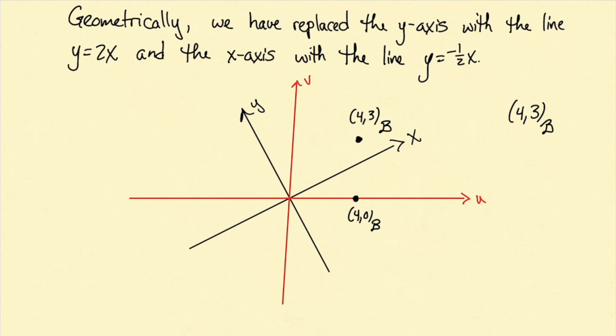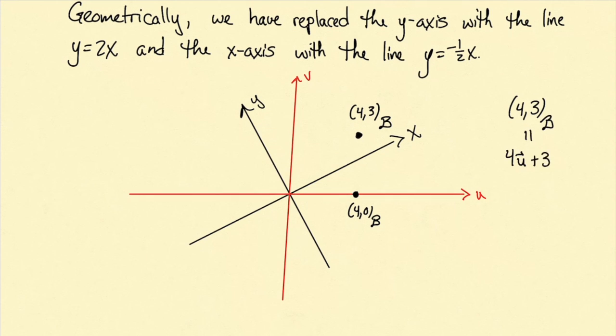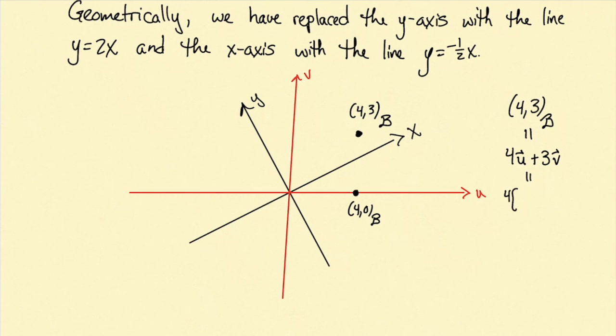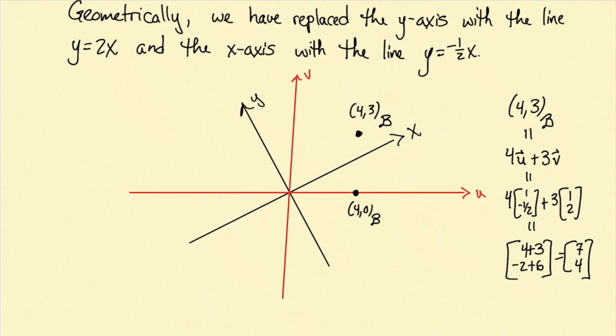Now, if we want to understand this particular point in terms of our standard basis, then we can simply express this point (4, 3) subscripted with B as a linear combination of u and v. So you can see here, in terms of the original standard coordinate system, this is the point (7, 4).